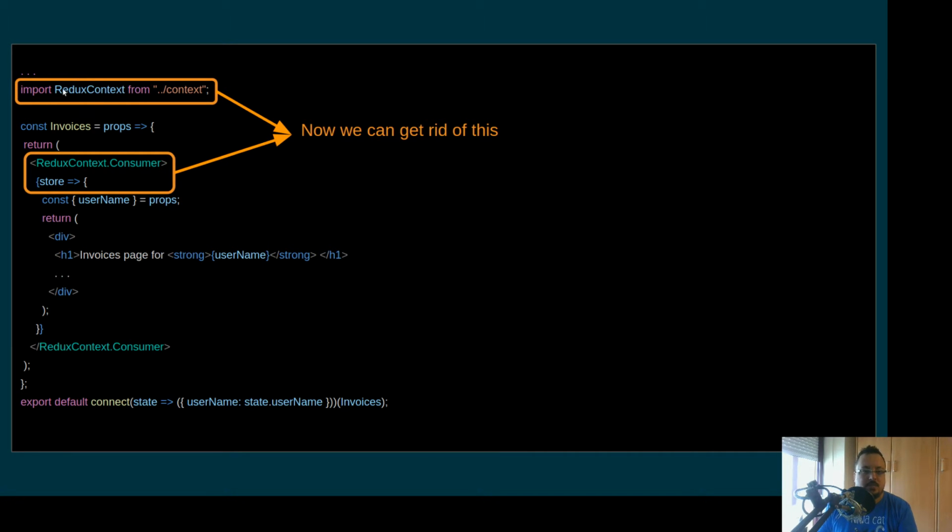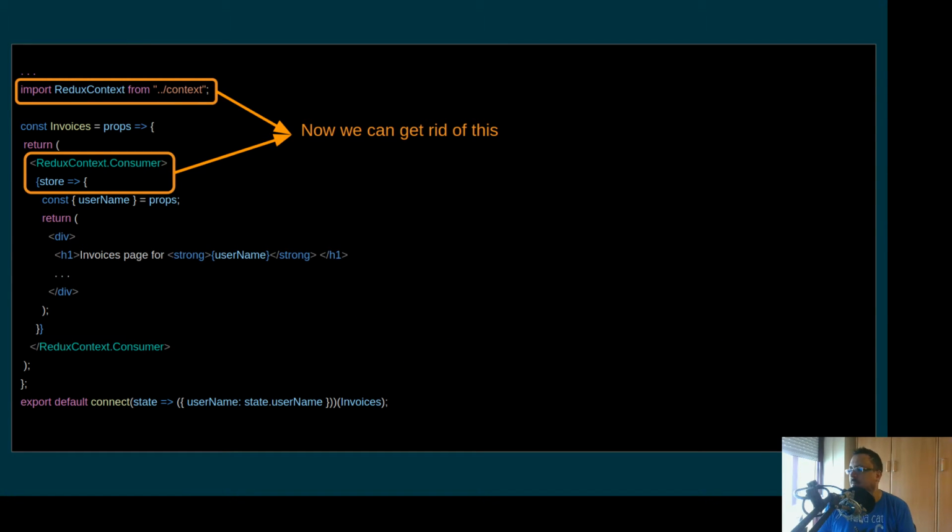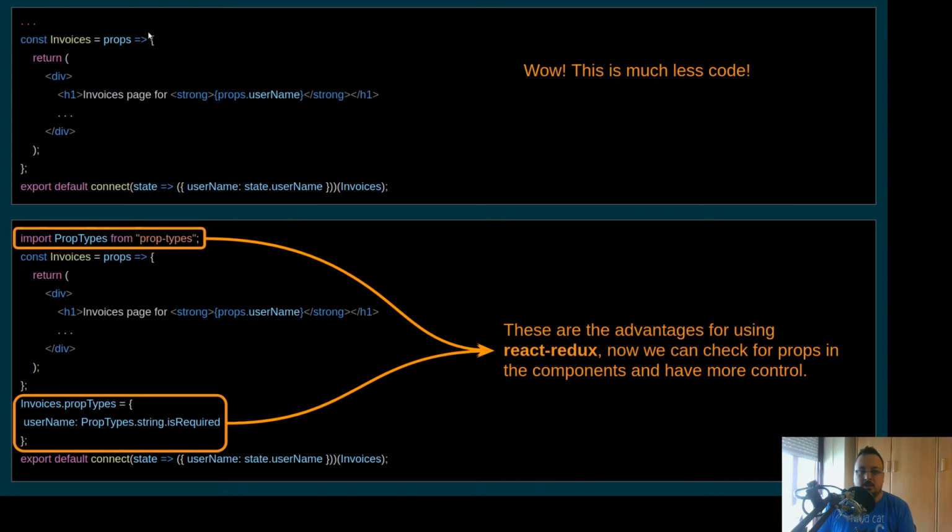Now see, we can get rid of this now because until now we were accessing the state, the username, and this part I didn't show you before, but we still had this in the code because we added the context API. We just remove it. And see, from before, we get to this, the code I showed you.